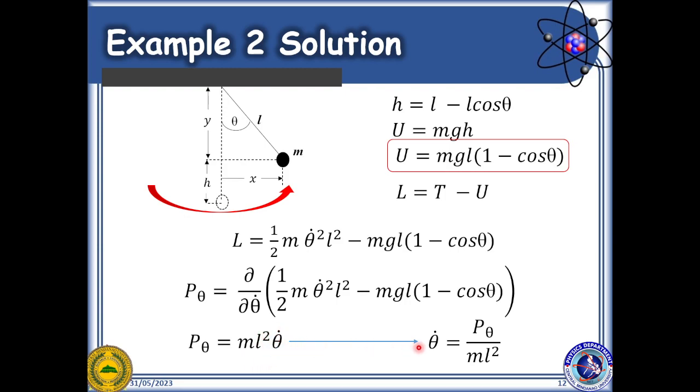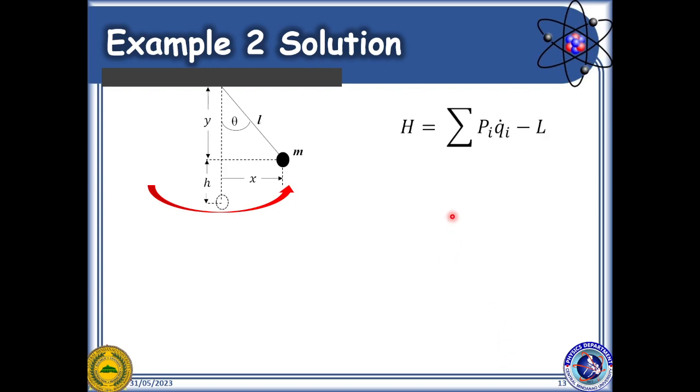Manipulating this equation, we can express theta dot in terms of p theta, that is p theta over m L squared. Again, using the general form of the Hamiltonian formula, which is the summation of p i times q dot i minus L, such that p i is equivalent to p theta and q dot is theta dot.